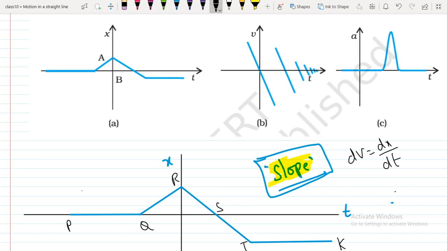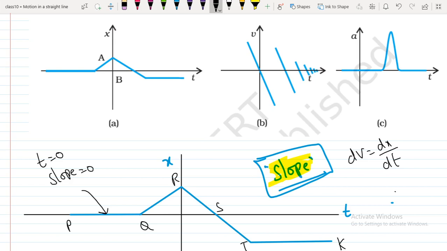Now the slope of the PQ part equals 0, and the time here is also 0. When time equals 0 and slope equals 0, we can say that the object is at rest, it's not moving at all, and displacement is also 0.